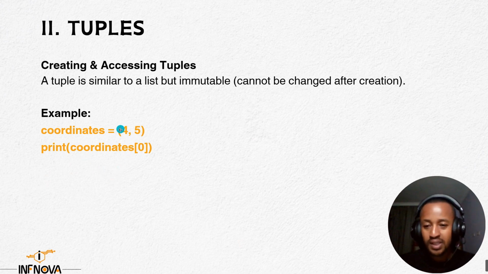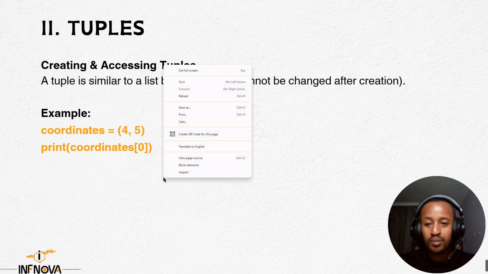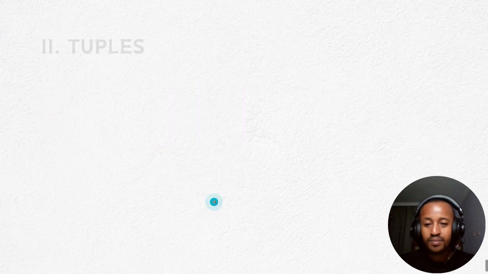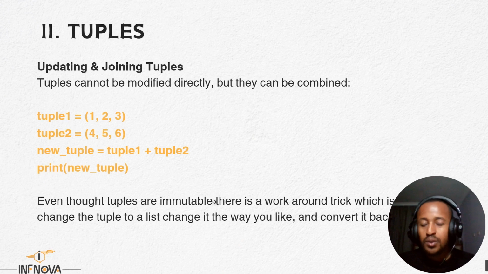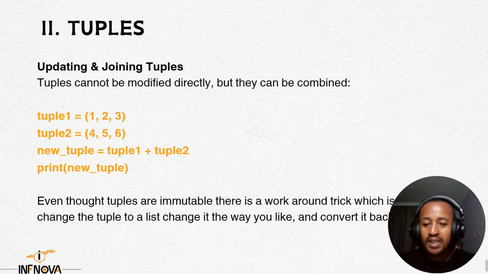And the way that you create it is you use a curved bracket. Other things are mostly similar. So in a list, you cannot update it unless you're using other tricks that I'm going to show you. But you can join tuples.